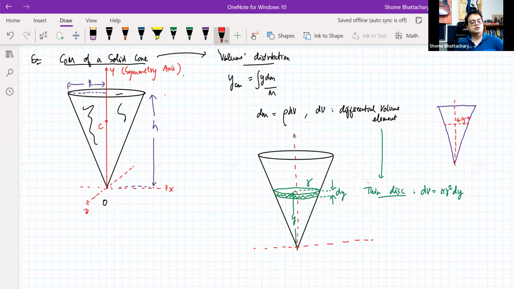Sorry, this is small r, and this is y. At the same time, this here is capital R, and this here is H. So we have similar triangles, this triangle and this triangle.